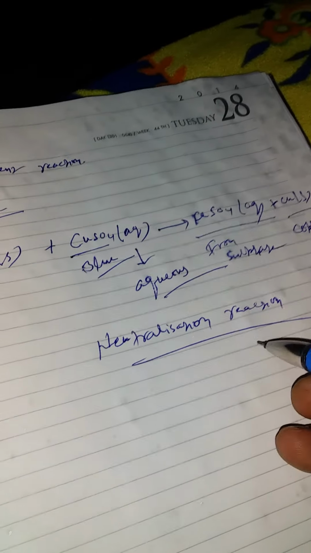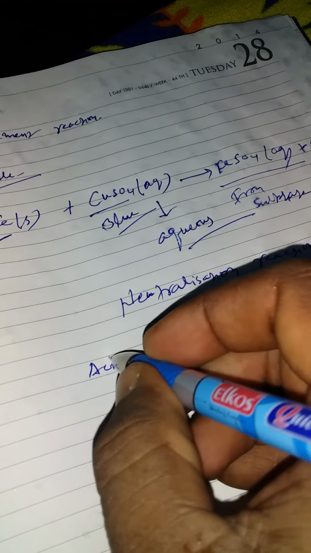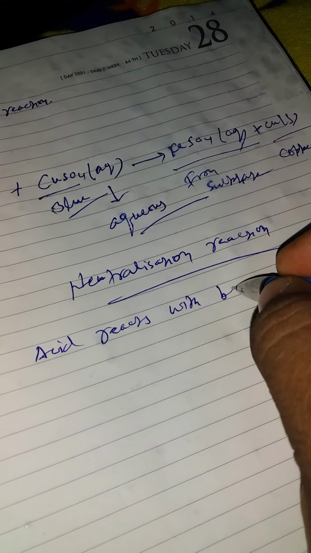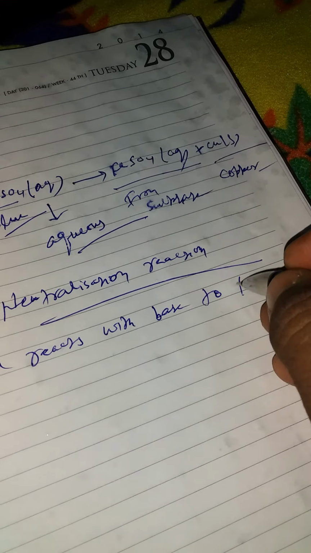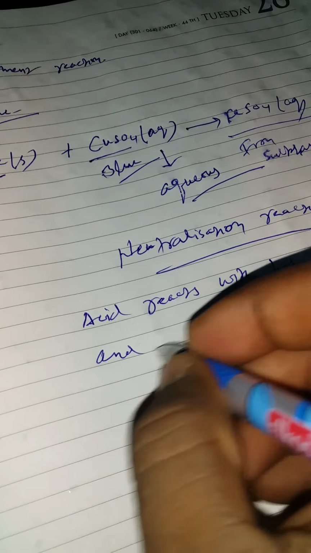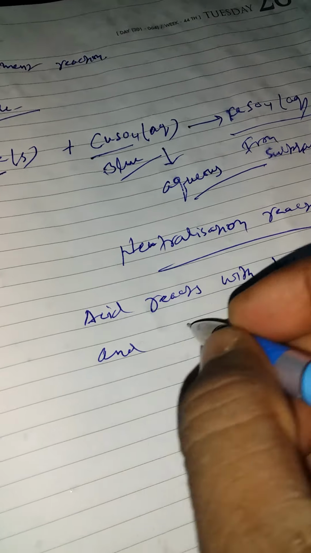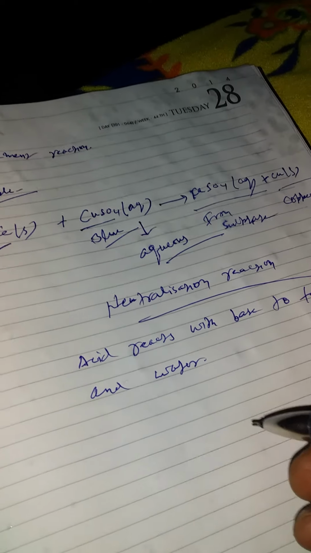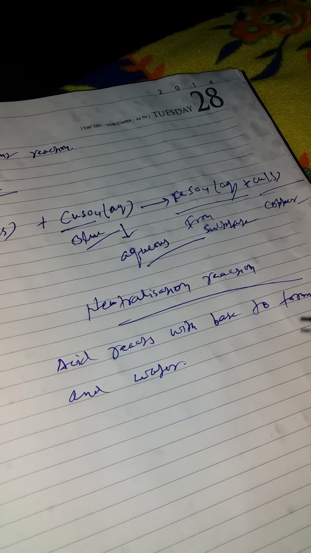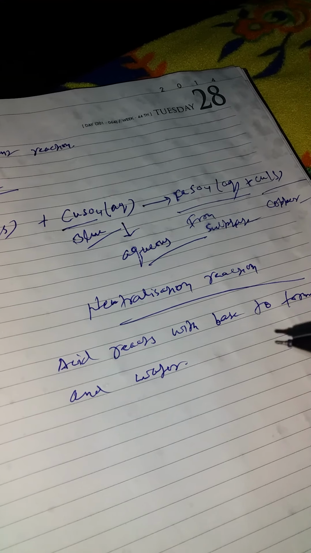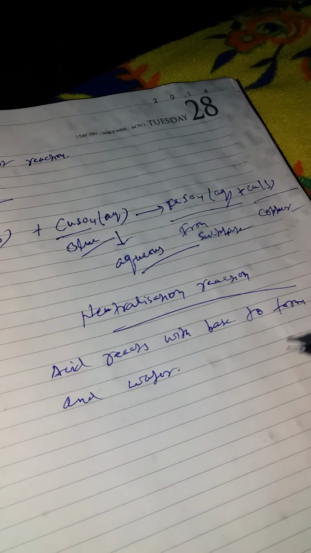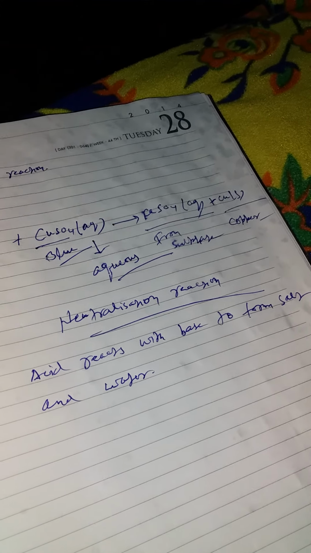And students, in this chemical reaction, acid reacts with base to form salt and water, and this neutralization reaction is discussed more in chapter 4, acid, base and salt, in which we will discuss what is acid, what is base and what is salt.